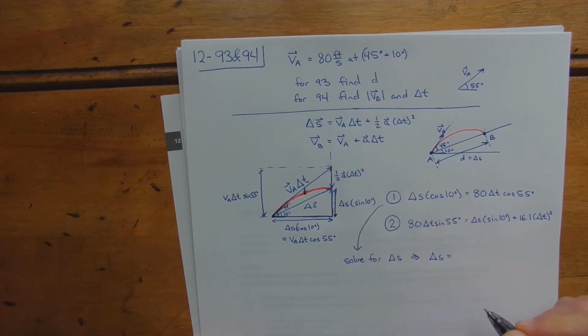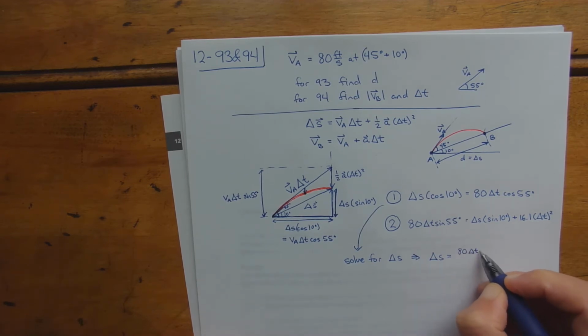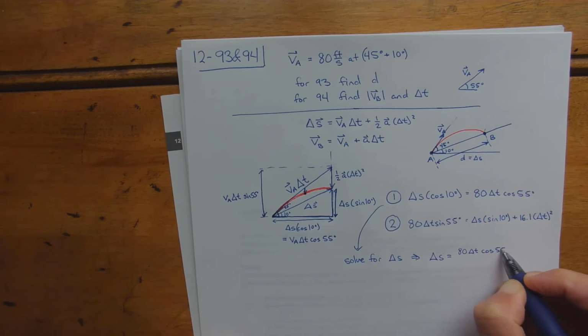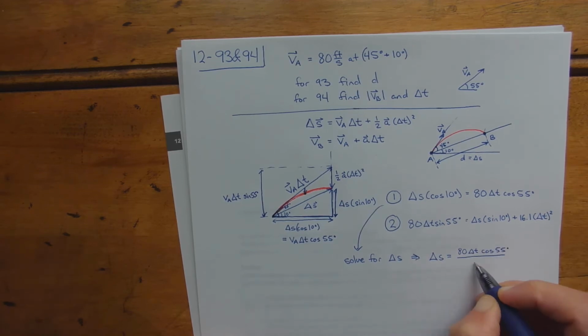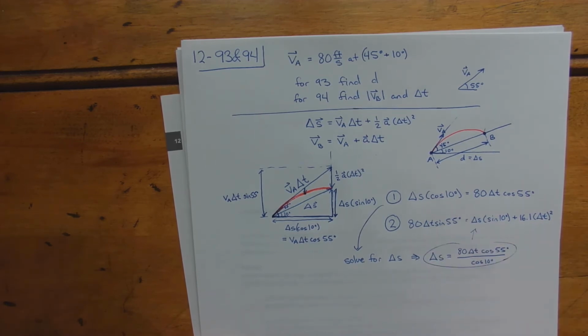To solve for delta S, I just need to divide by cosine of 10 degrees. So I have 80 times delta t times cosine of 55 degrees divided by cosine of 10 degrees. And I'm going to take this and put it into what I have there.